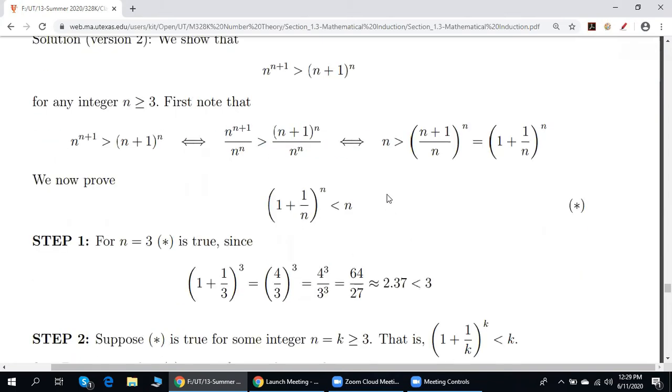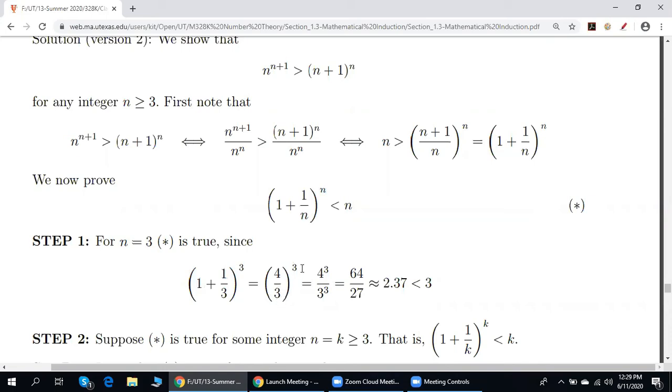Here's why. As before, in step 1, we show that this is true for n equal to 3. Now, step 1 is a little bit more complicated. If we replace n by 3 here and here, we get this. 1 plus 1/3 is 4/3.